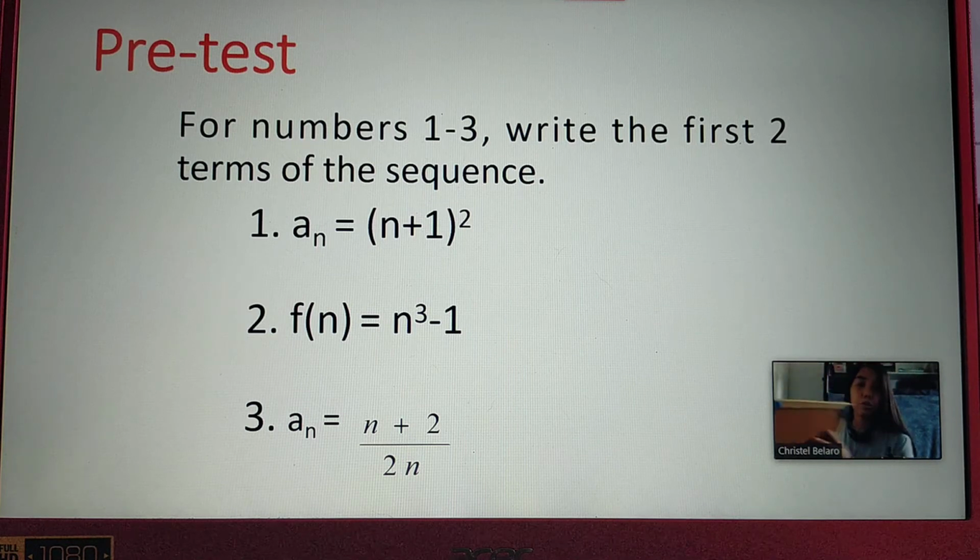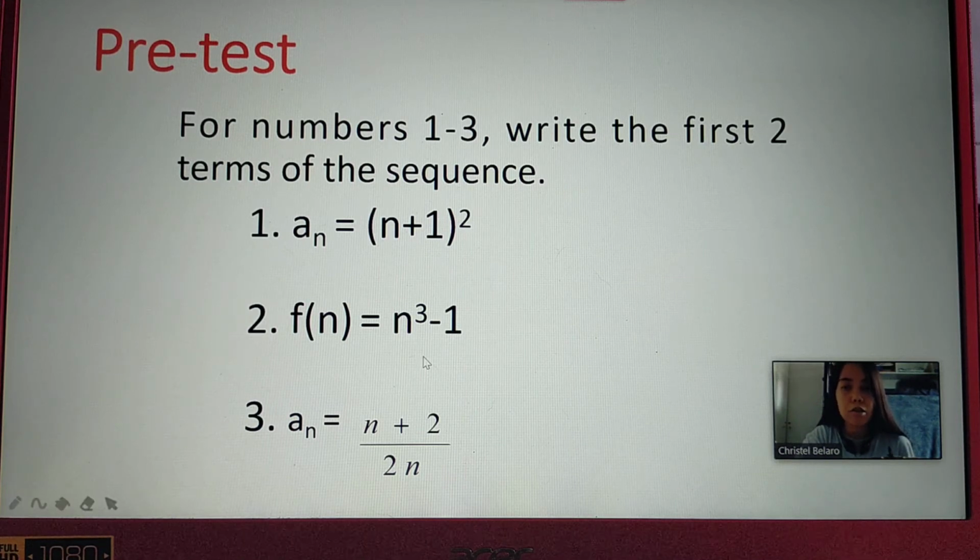We're going to substitute 1 for n to find the first term, and the first term is 4. For the second term, we substitute n as 2. So 2 plus 1 is 3. When we square 3, it's 9. So the second term is 9. Very good, Francis.